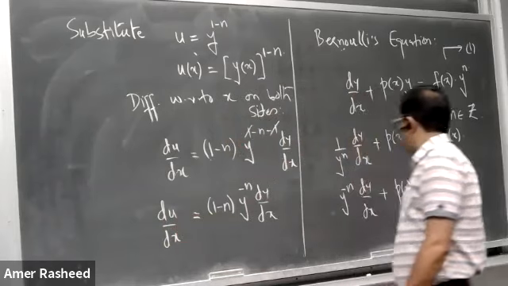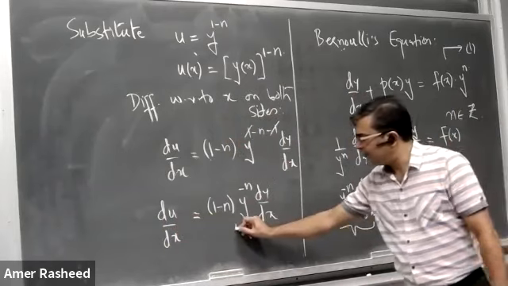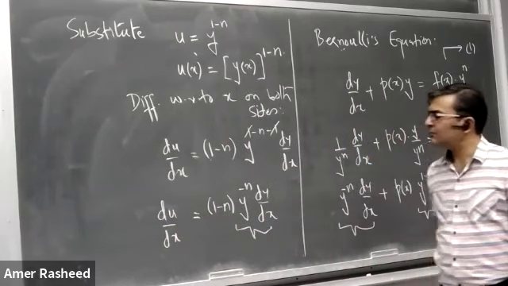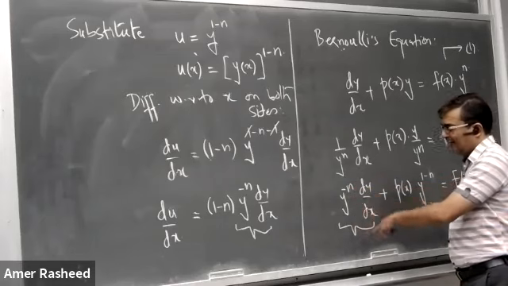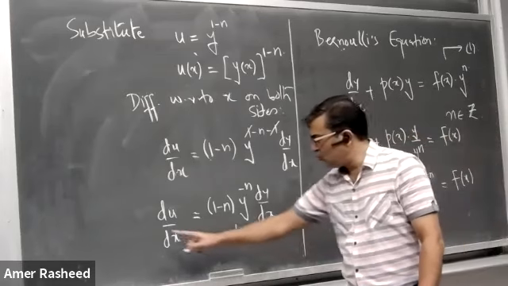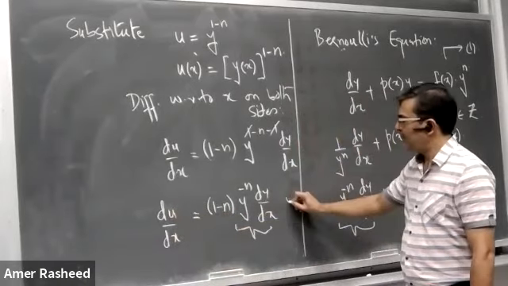Now you can see here, this whole term arises here. Okay. Now you can substitute this, equal to 1 by 1 minus n times du by dx, by using this expression.